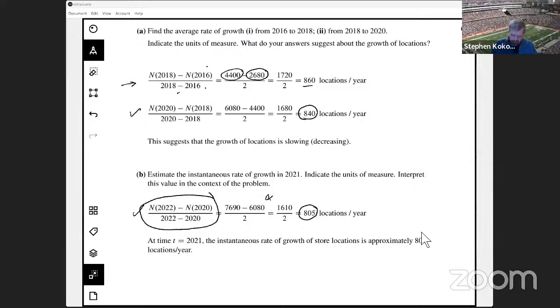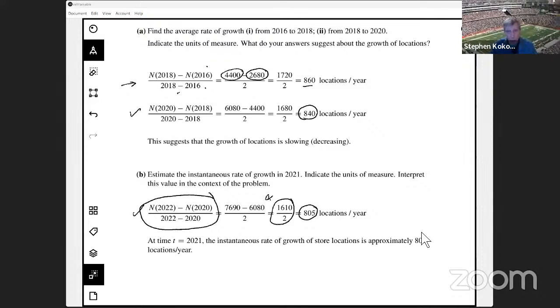One other little thing in problems like this, we often require students to give us both a difference and a quotient. So what does that mean? Many of your students are so good at this. They're looking at this very quickly. They do the subtraction in their head, and they might start out this problem by writing, well, it's 1610 divided by 2.